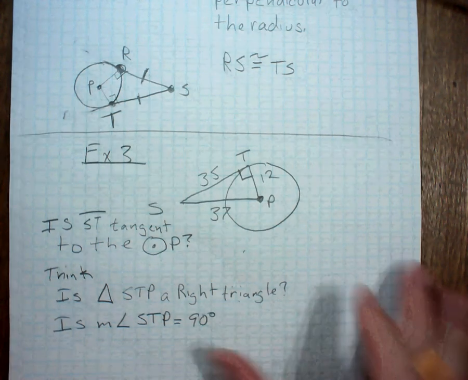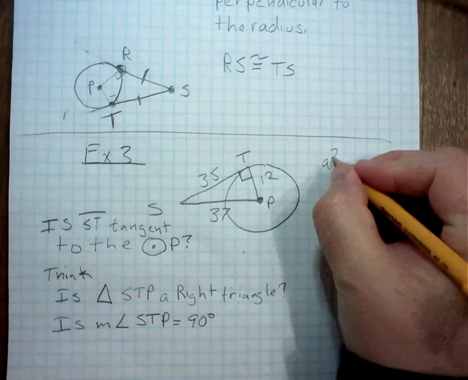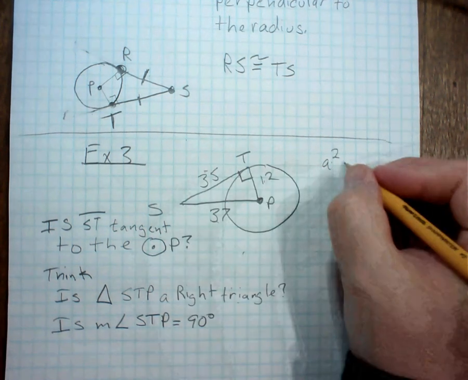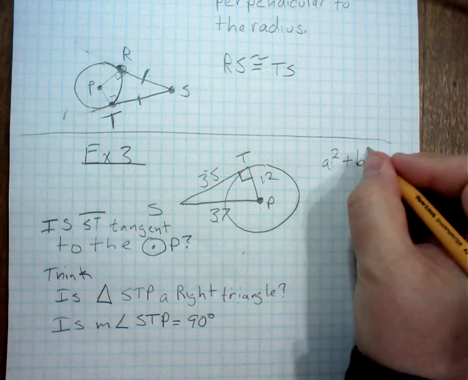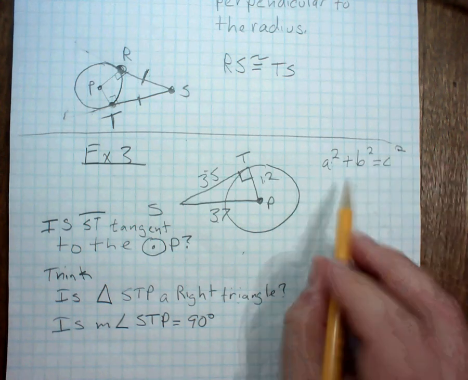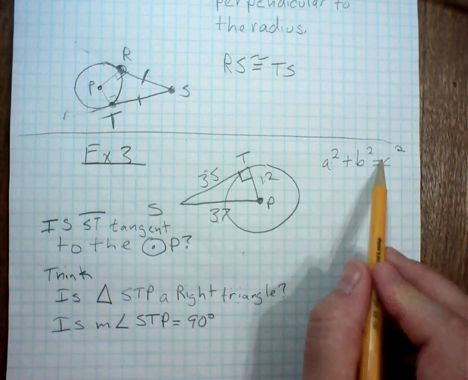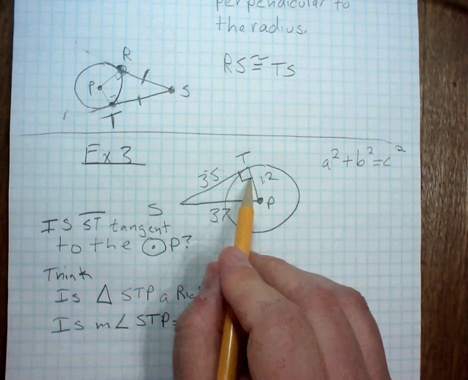Now one way we can identify that is that we would have to do the Pythagorean theorem. So I have all three lengths, so if the Pythagorean theorem holds true, in other words, if I plug in these numbers and the left-hand side equals the right-hand side, then yeah, this angle would be 90 degrees.